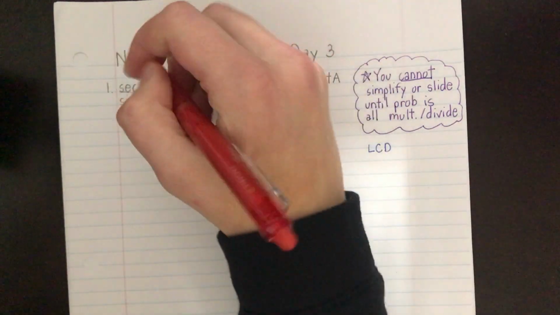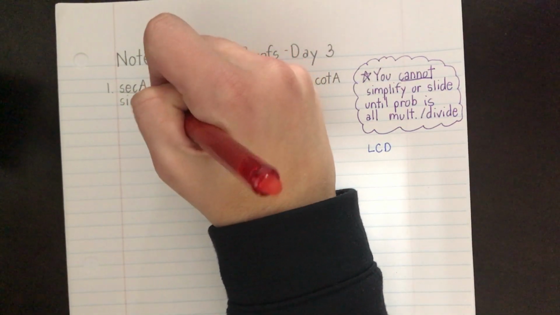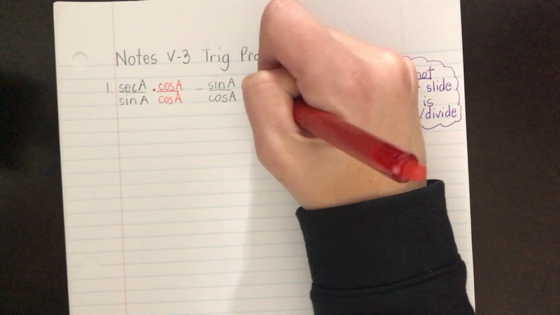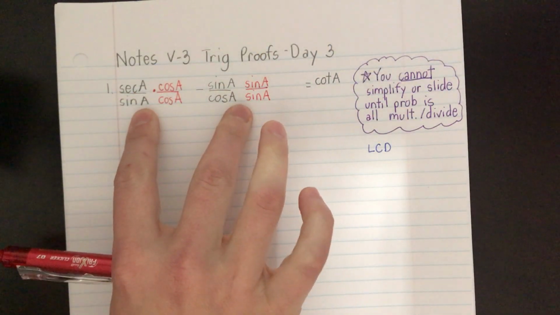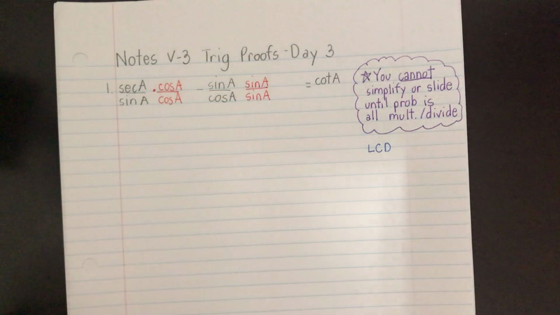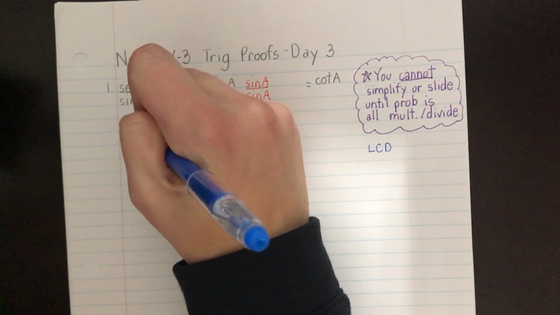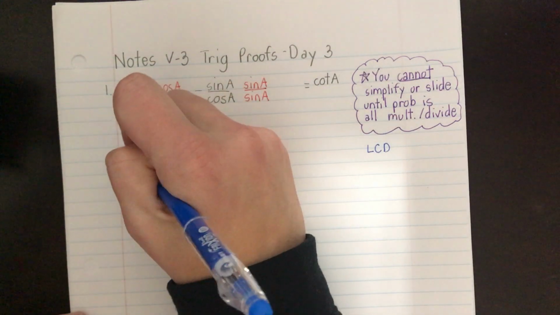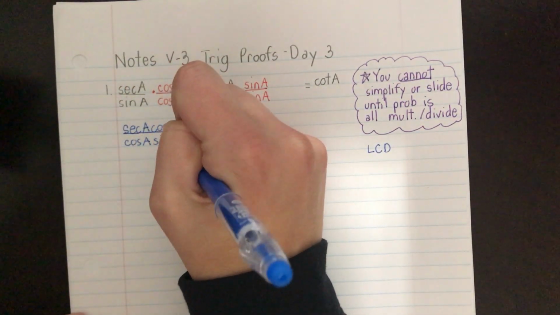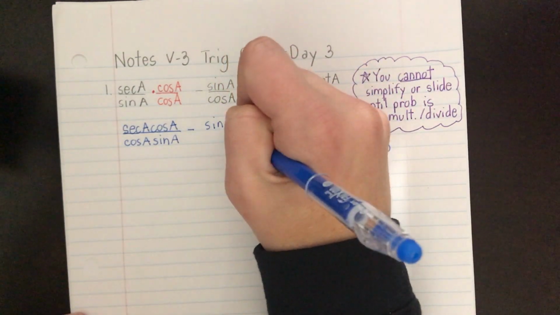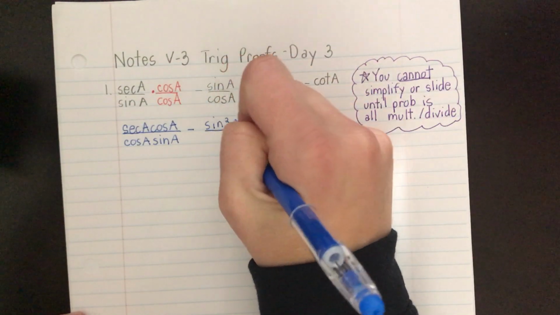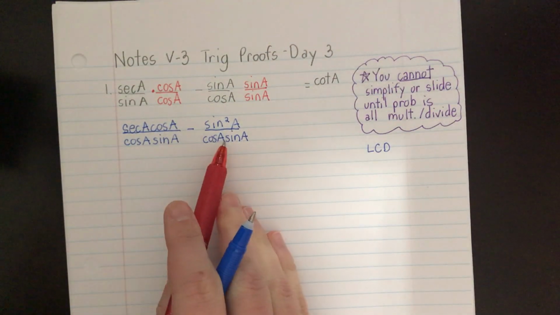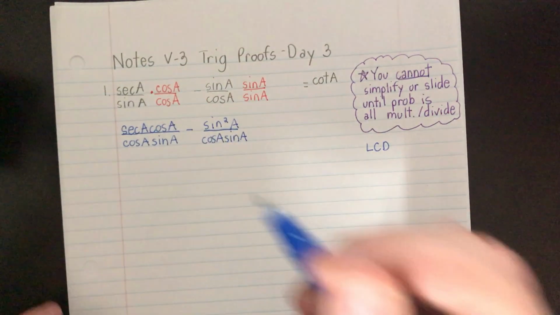So we're going to multiply this side by cosine of A over cosine of A, and this side by sine of A over sine of A, because that would give us the common denominator of cosine A sine A. So the top is going to be secant A cosine A over, we'll make the bottom cosine A sine A, minus sine squared A, all over cosine A sine of A. Okay, so now we have a common denominator, so we can actually combine.